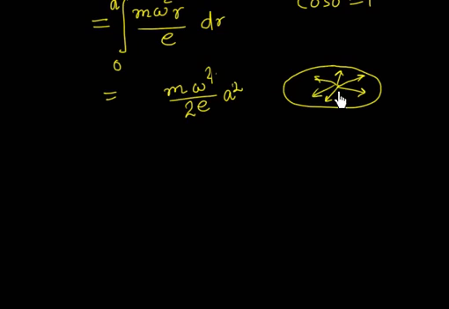This means the rim is at higher potential and the center is at lower potential. Are you getting or not? Is the rim at higher potential or the center? If the electric field is in this direction, the potential decreases in the direction of the field, so the rim is at lower potential.